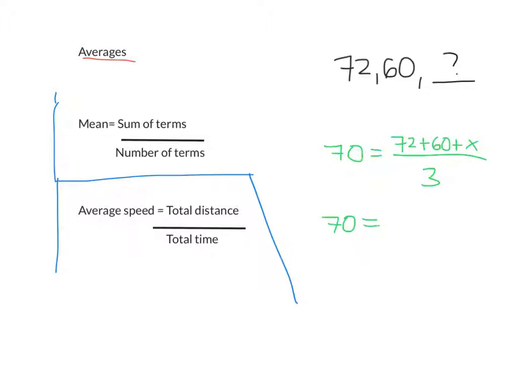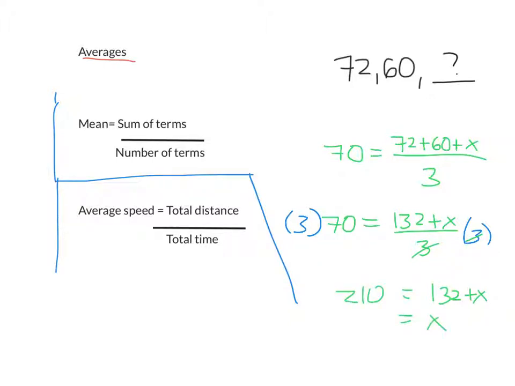We're going to have 70 equals 132 plus x over 3, multiplying both sides by 3, and that would cancel. We end up with 132 plus x equals 210, and then subtracting 132 from both sides. Well, 210 minus 140 is 70, so it's going to be 78. All right, so you need at least a 78 for a passing grade.